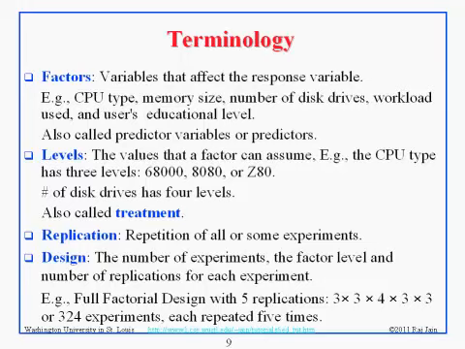So we have 2 factors. Alright? So anything that we don't control, we will not count as factors. So factors could be CPU type, memory size, number of disk drives, workload used, user's educational level. You know, there are so many things that could affect the performance. In other books, they call them predictor variables or predictors, but we call them factors here.